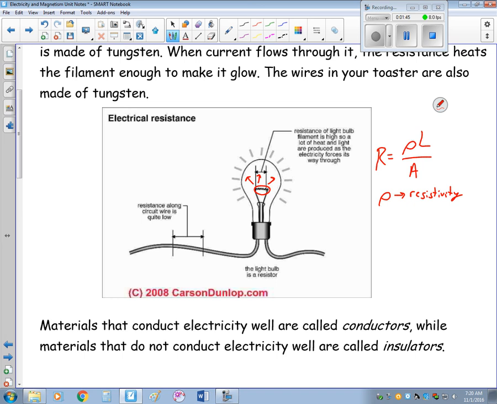So that depends on the material. A longer wire is going to be more resistive than a shorter wire. So a lot of the electricity we produce in the U.S. is lost to the fact that we have such long wires carrying the electricity from a power plant to where it's being used.